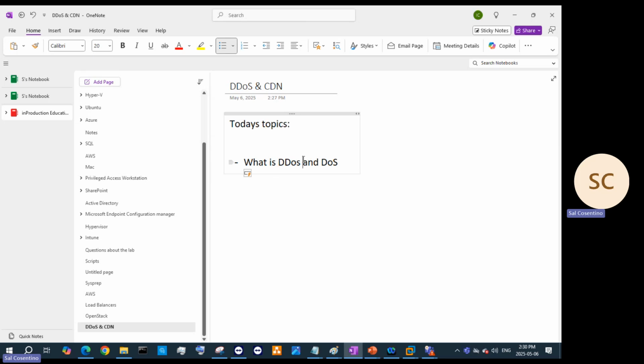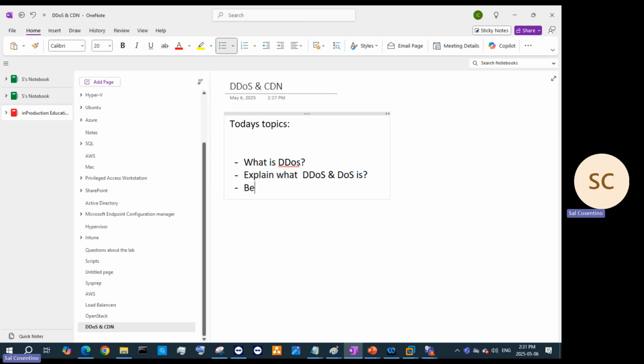And these are some things we're going to be talking about. This is sort of my agenda. Explain what DoS is, what DDoS is, and we'll talk about best practice.